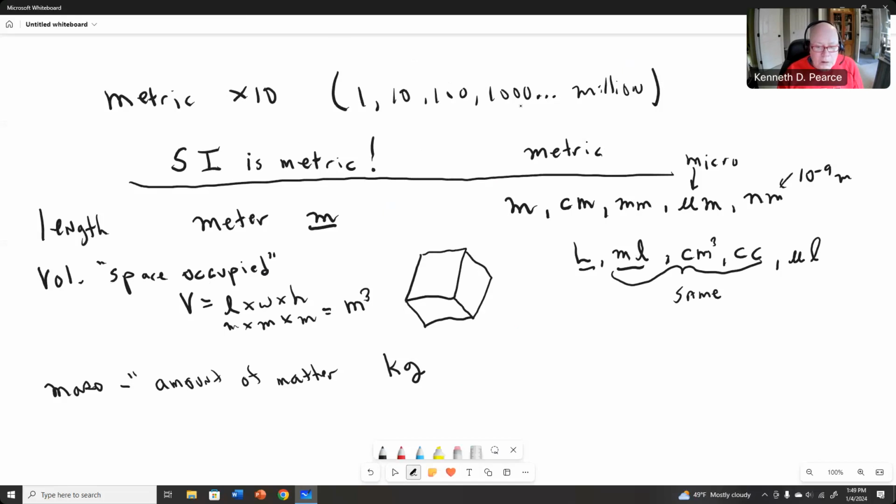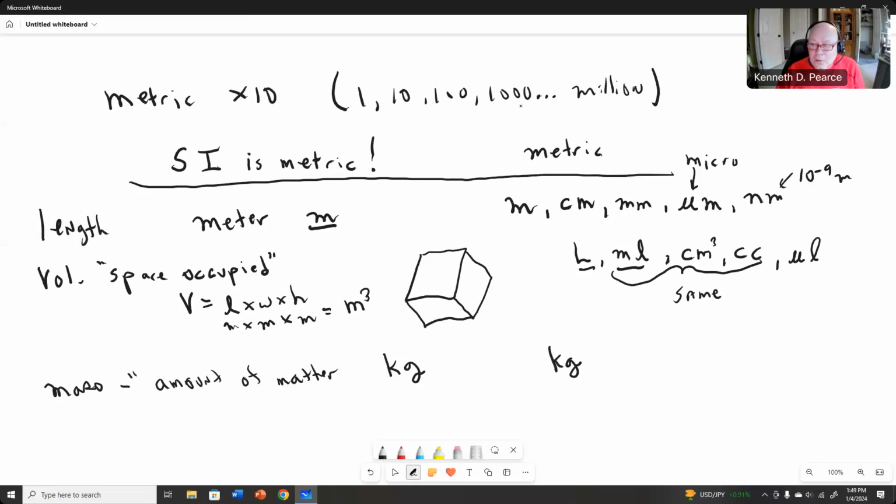A kilo means 1,000, so 1,000 grams is a kilogram. And I say that because, why not just make a gram the size of a kilogram? Well, it turns out grams are a pretty convenient size. And so sure enough, the kilogram is metric.